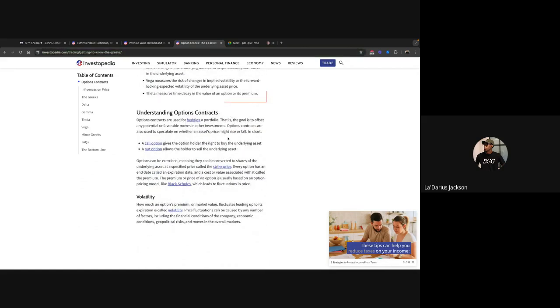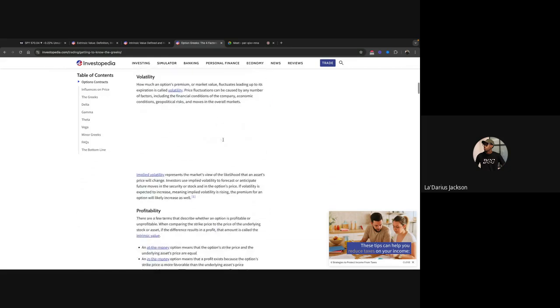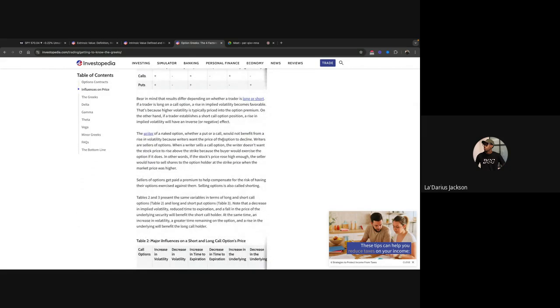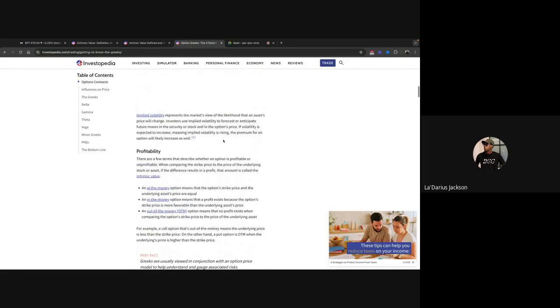Greeks. The main Greeks when I first started trading that I just keyed in on were theta and delta. There's a few. You've got gamma and vega on here that I don't really use, but this is going to be a good refresher for me.